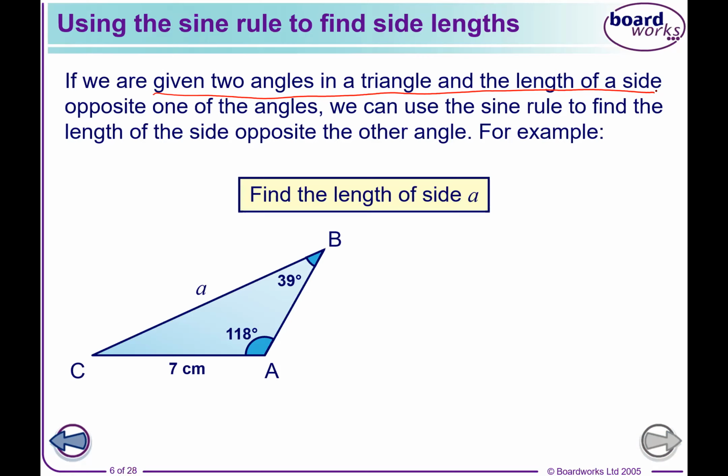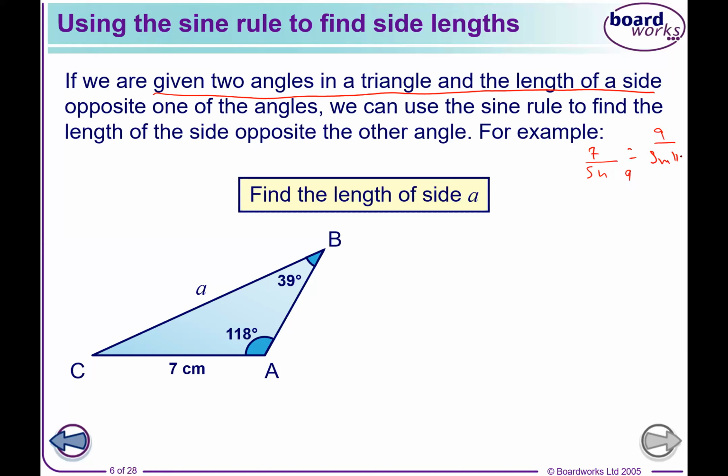Can you solve this one? Find the length of side A. Quickly, very quickly. Come on guys, I'll give you 1 minute. 7 over sine 39, okay, equals A over sine 118.